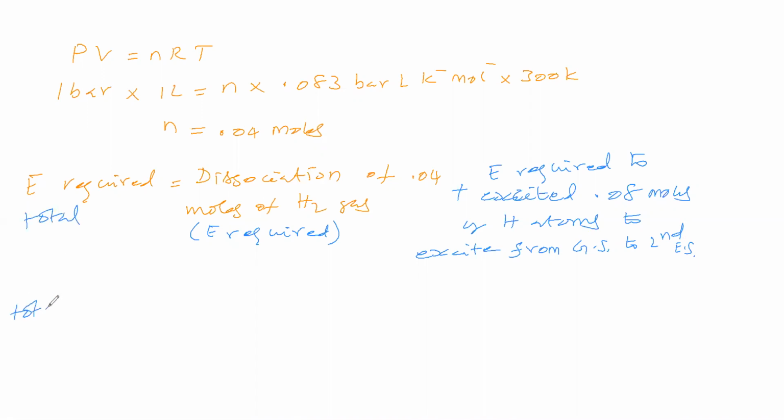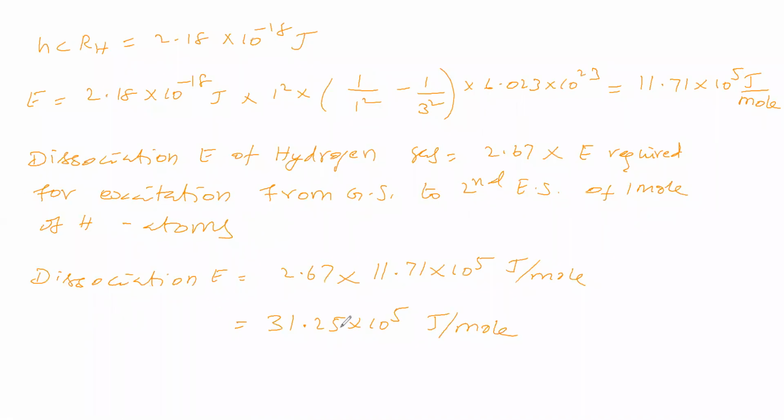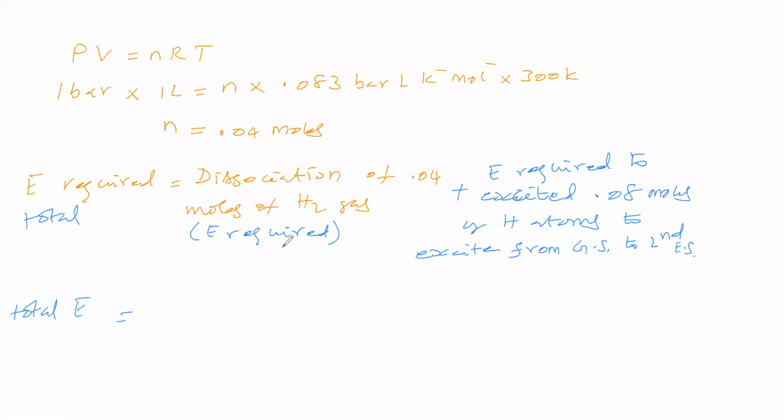So total energy required is equal to, now to dissociate this many moles, what is the energy required, that we will see. For the dissociation, this much energy is required for 1 mole. Therefore, for this many moles, what is the energy required?